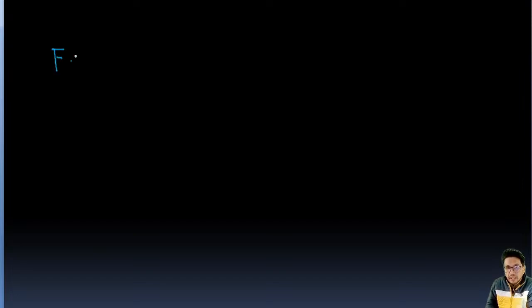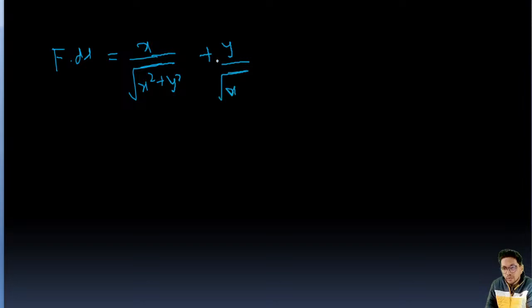F dot dl: the value of F is x upon root x square plus y square plus y upon root x square plus y square, and dl is dx dy.